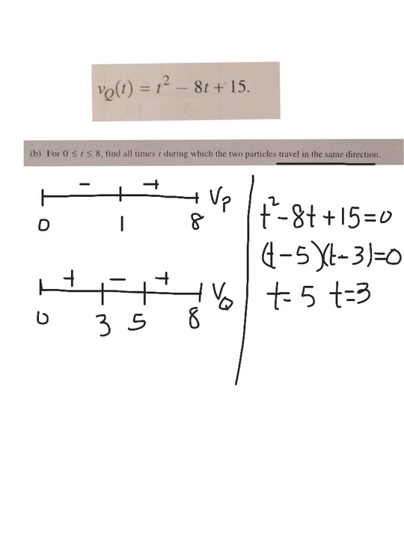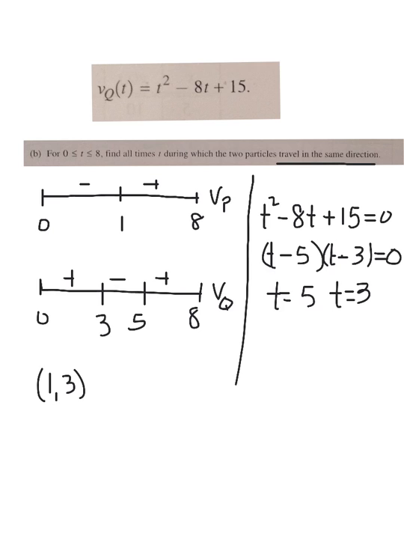So scratch that idea. Let's look between 1 and 8. Well, between 1 and 8, P is positive. Between 1 and 8, Q isn't always, but between 1 and 3 it is. So there would be your first interval. So we've got 1 and 3, they're both positive.